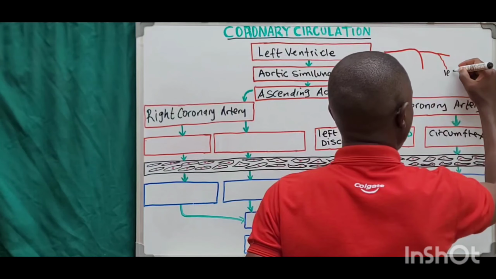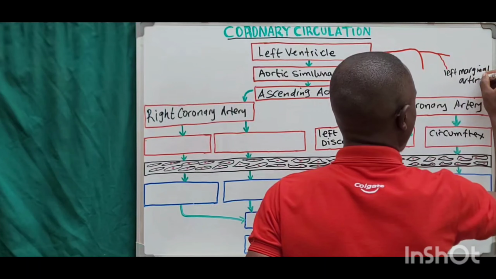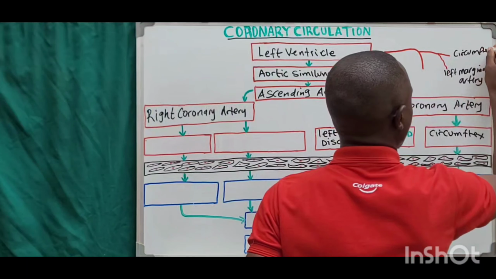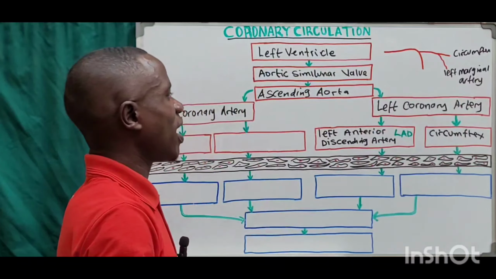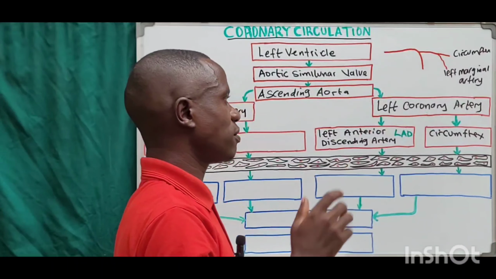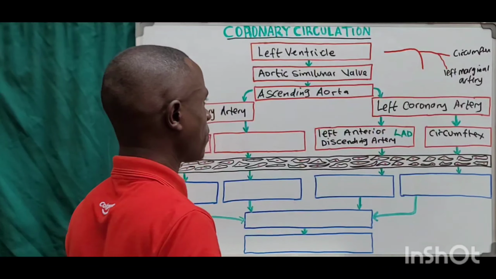So this one here is the left marginal artery, and this one here is the circumflex artery. They are all supplying the left side of the heart, especially the left ventricle and the left atrium. Okay, it is such a beautiful thing.